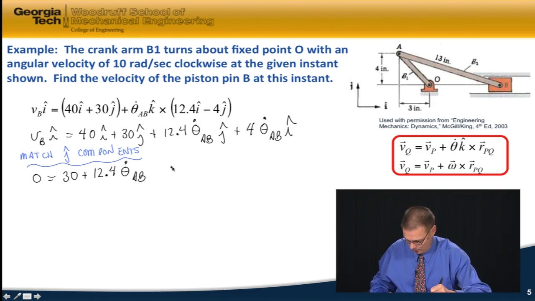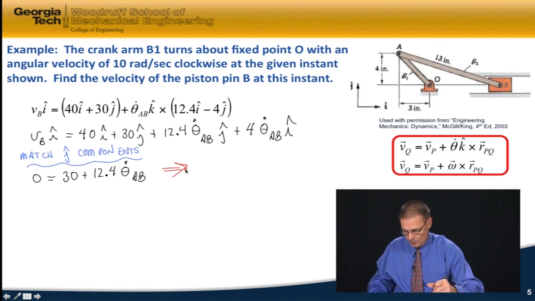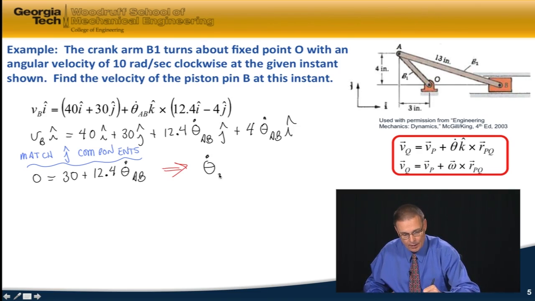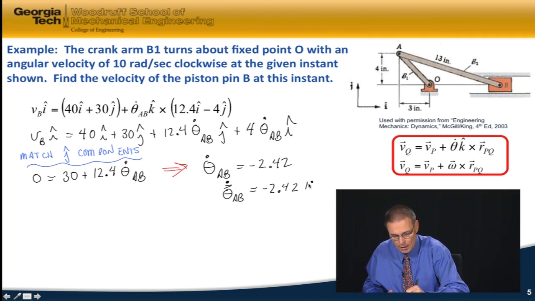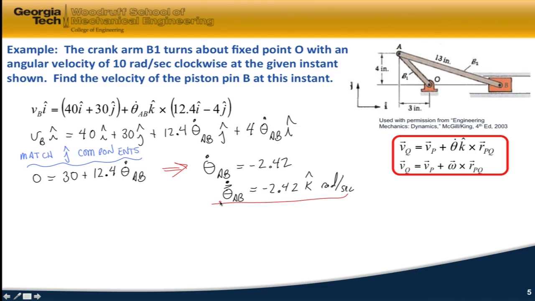And what that allows us to arrive at is that theta dot AB, if I solve for it, equals minus 2.42, or theta dot AB, the angular velocity of bar B2 as a vector, is minus 2.42 K radians per second. And so what that means is this bar B2 here is turning with an angular velocity of 2.42 K radians per second. Since it's negative K, it's a clockwise rotation.